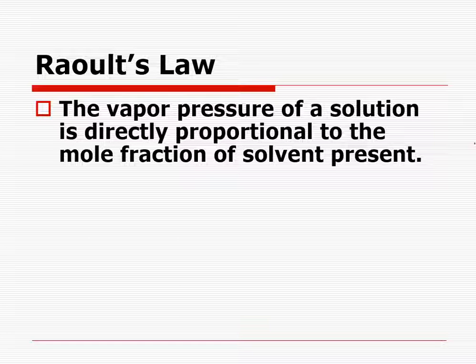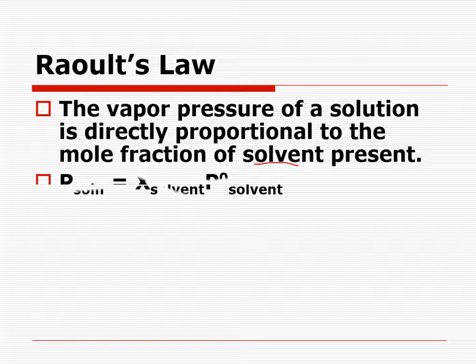With Raoult's law, the vapor pressure of the solution is directly proportional to the mole fraction of the solvent, and this is what's a little different. I talked to you about when you calculate mole fraction, sometimes you are interested in the mole fraction of the solvent, not necessarily the solute, and that comes into play here with Raoult's law. This is the law here. P solution is the vapor pressure of the solution, the mixture of the two components.